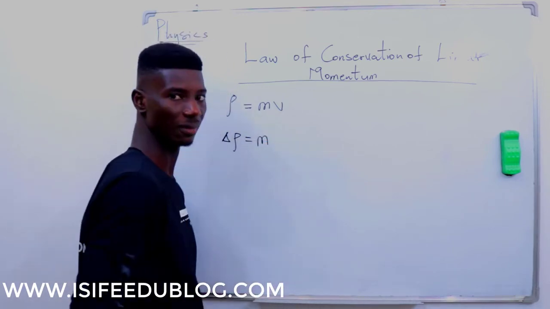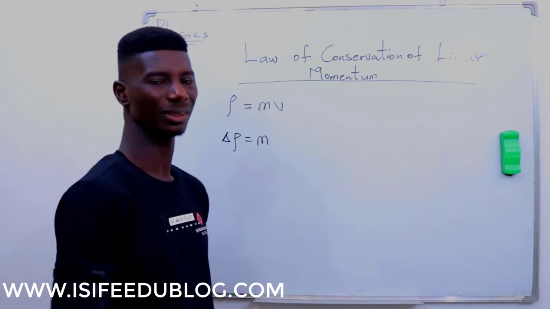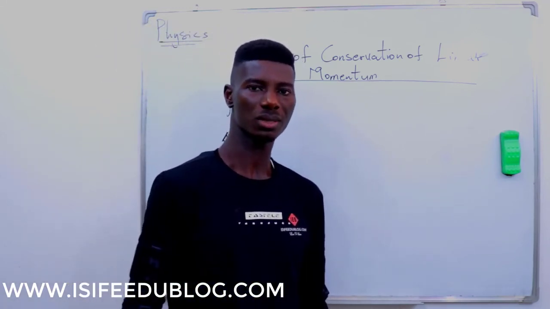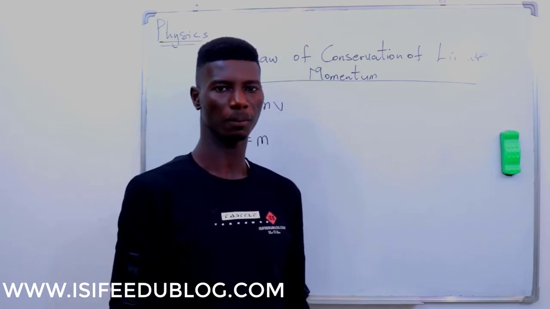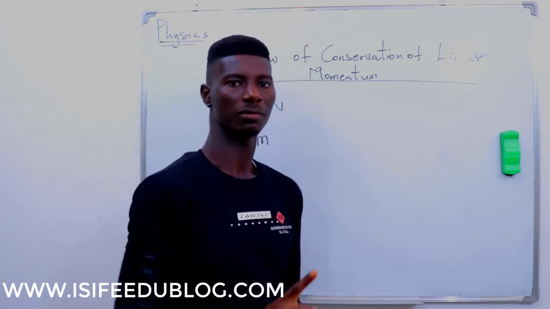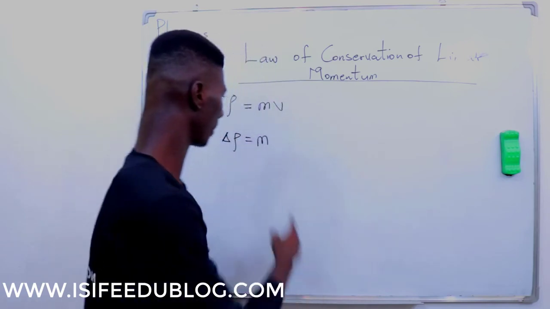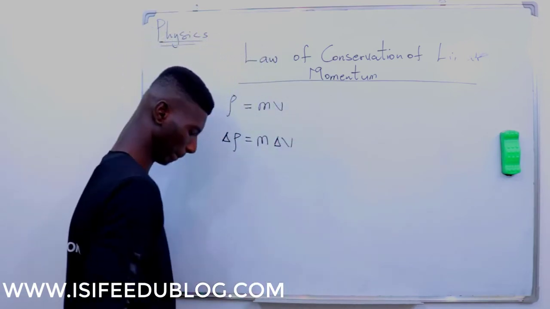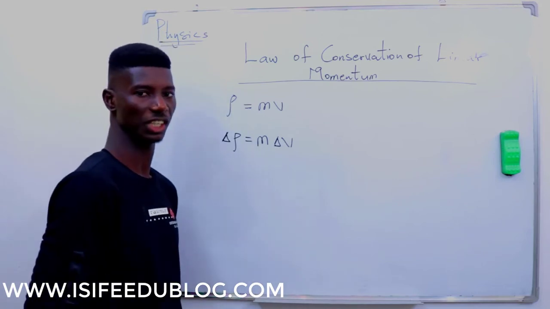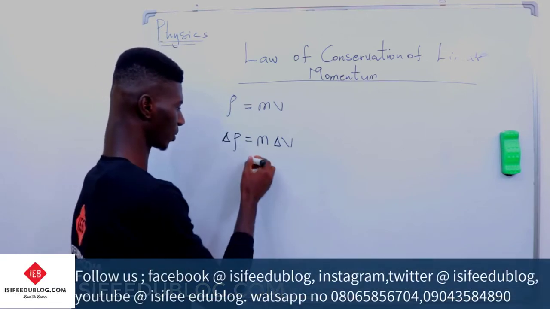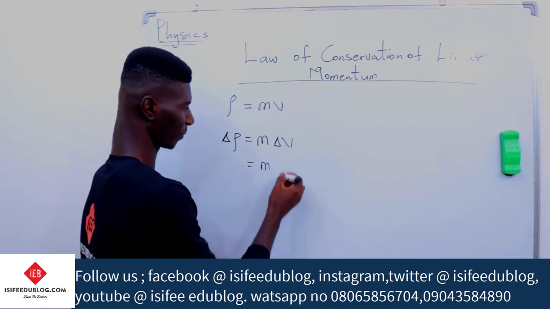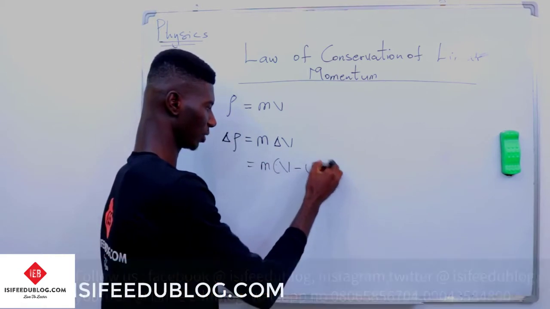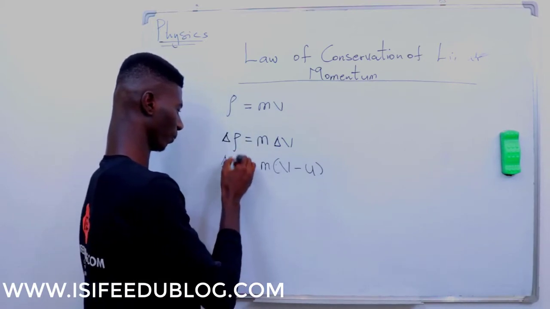Now, if that is true, for change in momentum, the mass will never be affected. The mass of a body remains constant, provided that the body is moving in a linear motion, not vertical motion. So the mass is the same, and what changes is the velocity. So we have change in velocity, which is the final velocity minus the initial velocity.